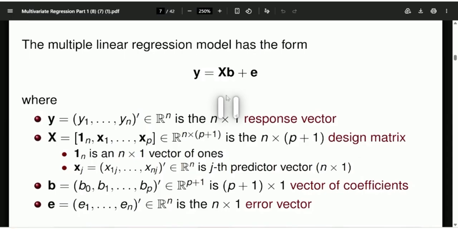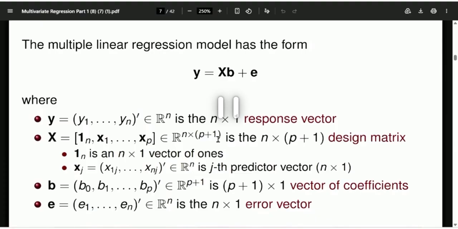When you state the model, you have to tell me what each component in the model represents. So y is going to be n by 1, the response vector, where n is the number of observations. Then X is the design matrix, which is n by p plus 1. You know why we have plus 1? That is the intercept.